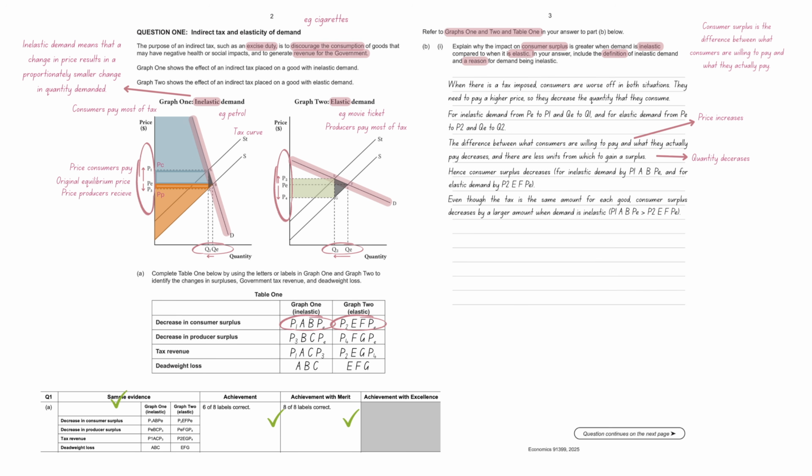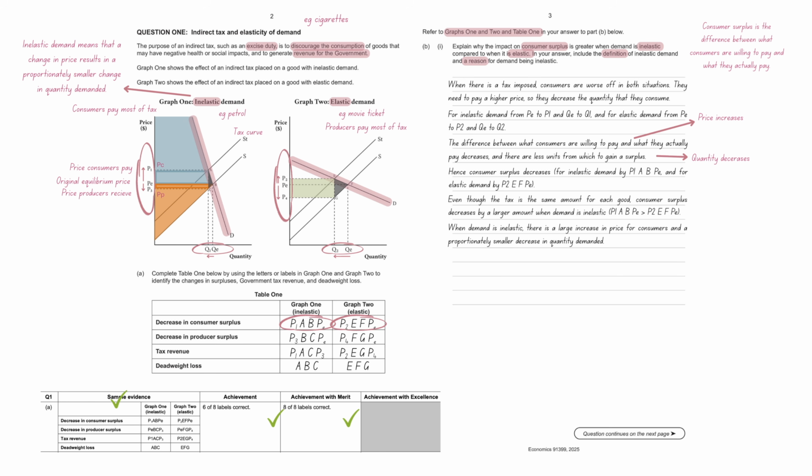So why is that? Well, when demand is inelastic, there is a large increase in price for consumers and a proportionately smaller decrease in quantity demanded. So if you look at the graph for inelastic demand when there is a tax, price increases for consumers by quite a lot, PE to P1, whereas for elastic demand it only increases a small amount.